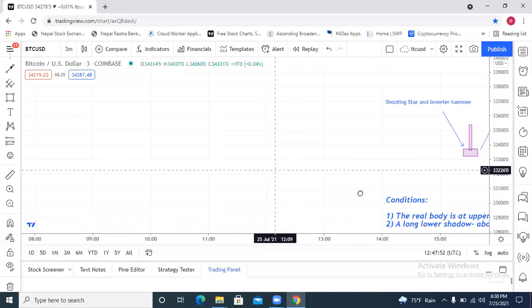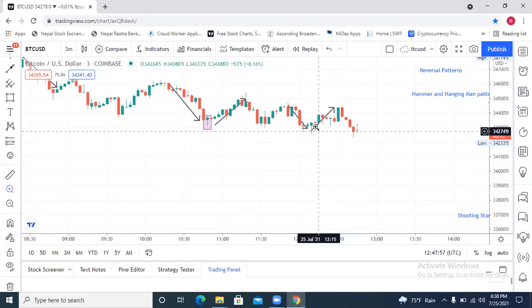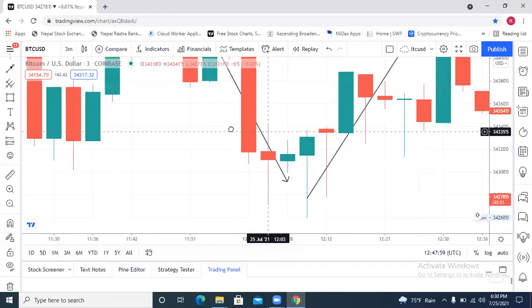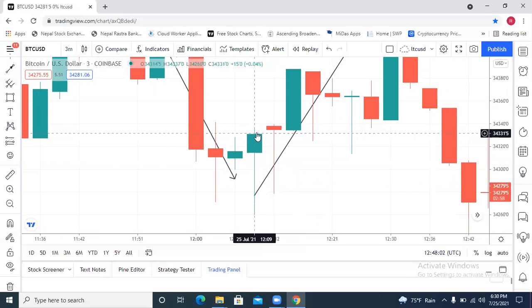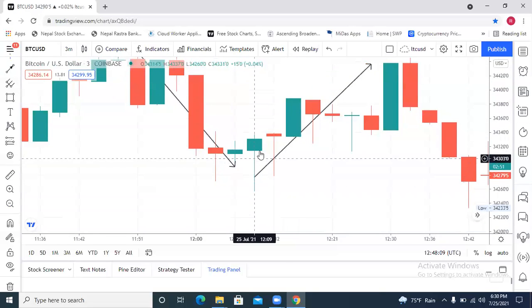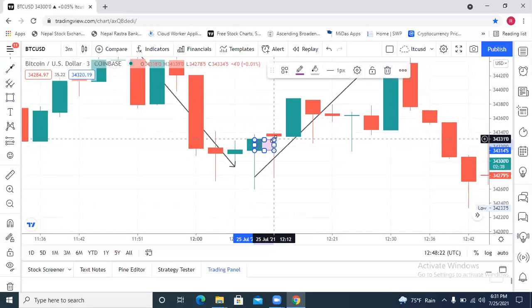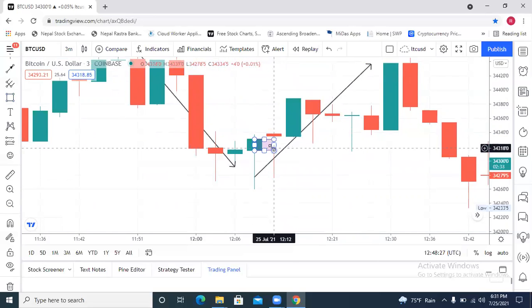I want to make it more clear through my examples. You can see right here, let's zoom out once again. The upper shadow in this candle is very small, and the lower shadow, what is our condition? The lower shadow should be twice the body of the candle. Let's mark it up and measure whether it's double the size of the real body or not.